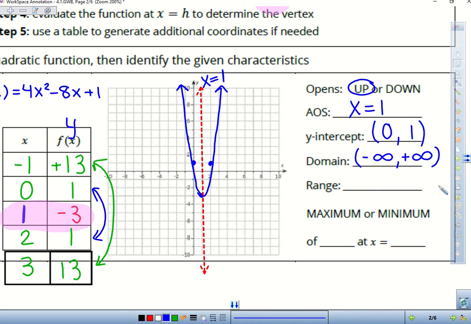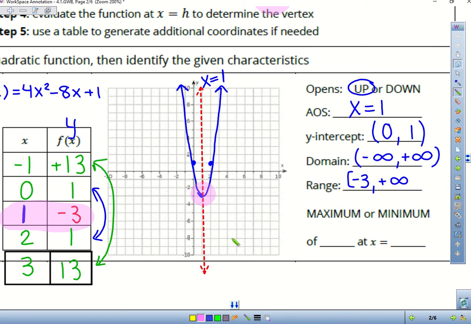Now the range is where it gets a little bit different. Your range is always going to go to infinity in one direction, depending on the specific graph. This graph goes up forever, but what's the smallest value it takes in the y here? -3. Good, so it goes from -3 to +infinity, because that's the lowest value that it takes right there. And you would close this with a curved bracket.